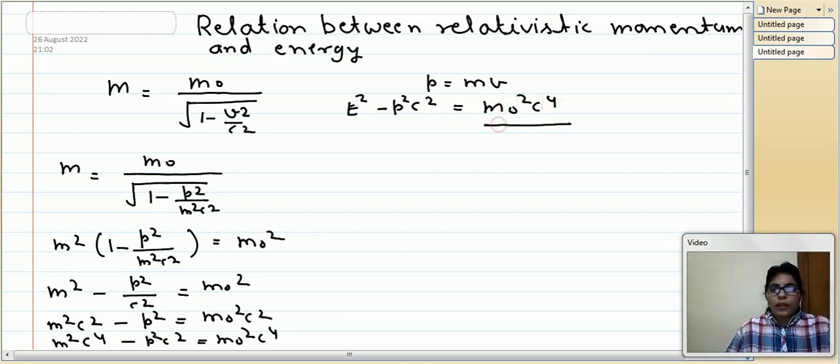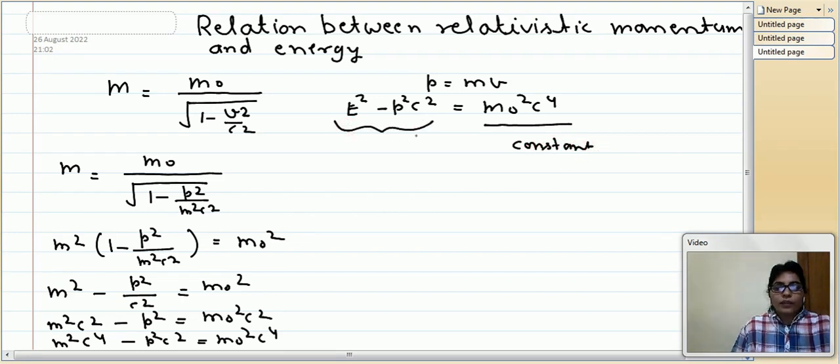Now this term m naught square c to the power 4 is a constant term. Therefore, this factor, which is E square minus p square c square, is invariant under Lorentz transformation.